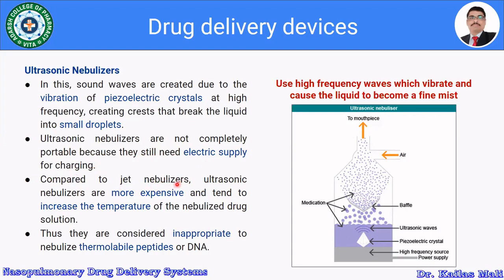Compared to jet nebulizers, ultrasonic nebulizers are more expensive and tend to increase the temperature of the nebulized drug solution. So when we are using the ultrasonic nebulizer, there may be a chance of a rise in temperature. So it is not possible to deliver protein and peptide types of drugs by using ultrasonic nebulizers, which creates a stability problem for thermolabile drugs.